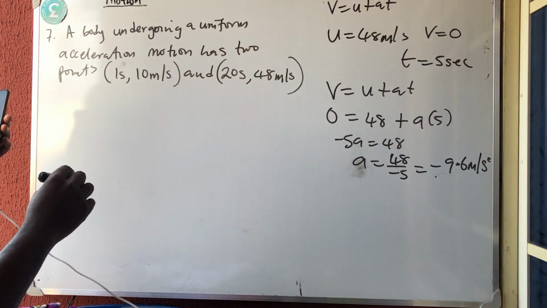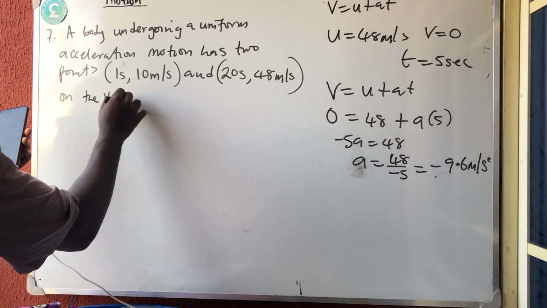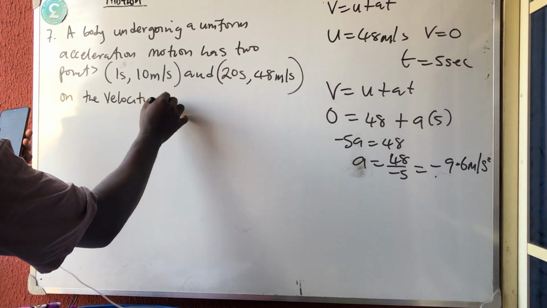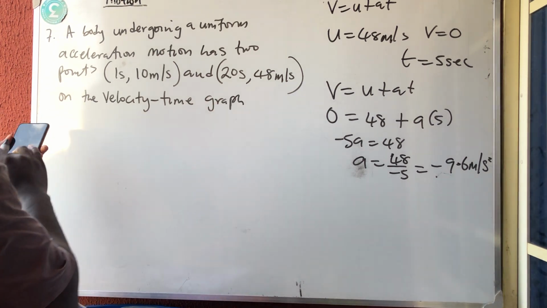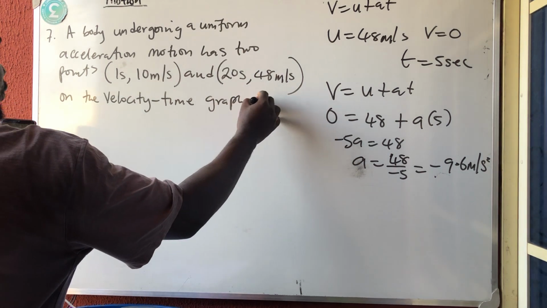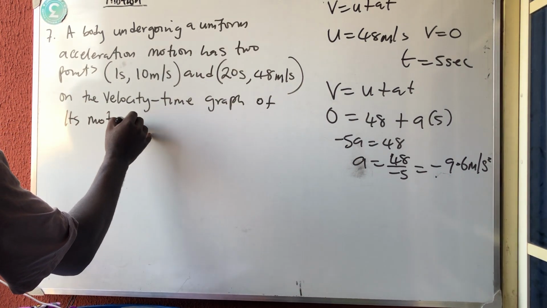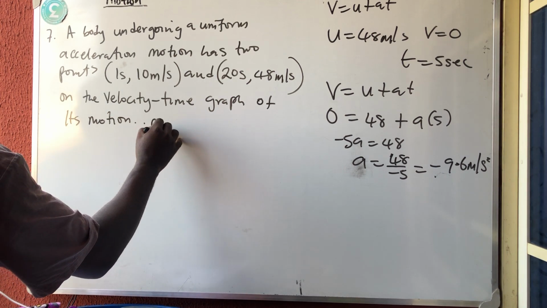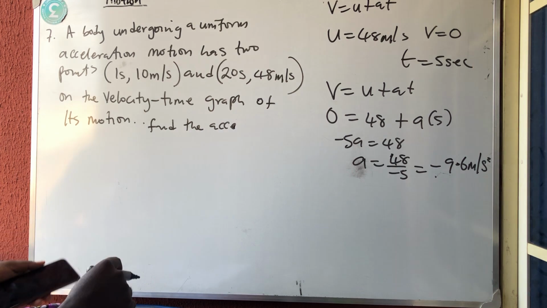These are the 2 points on the velocity time graph of its motion. Then find the acceleration of the body.